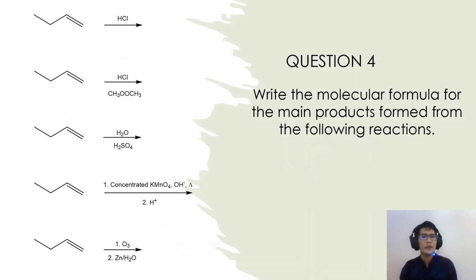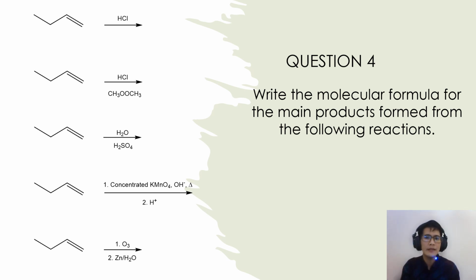Okay, so what is the new challenge in this question? This is not just an unsymmetrical alkene, but the C double bond C has different types of carbon. In question number 1, both carbons are primary carbons. In question number 2, both carbons are secondary carbons. In question number 3, both carbons are tertiary carbons.